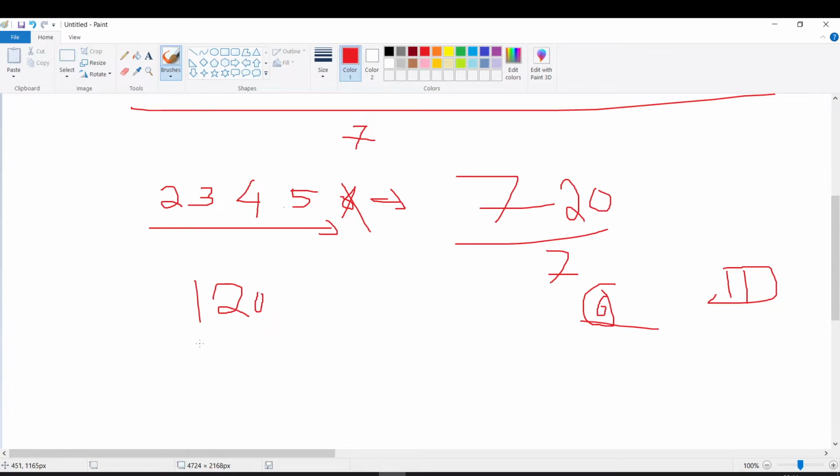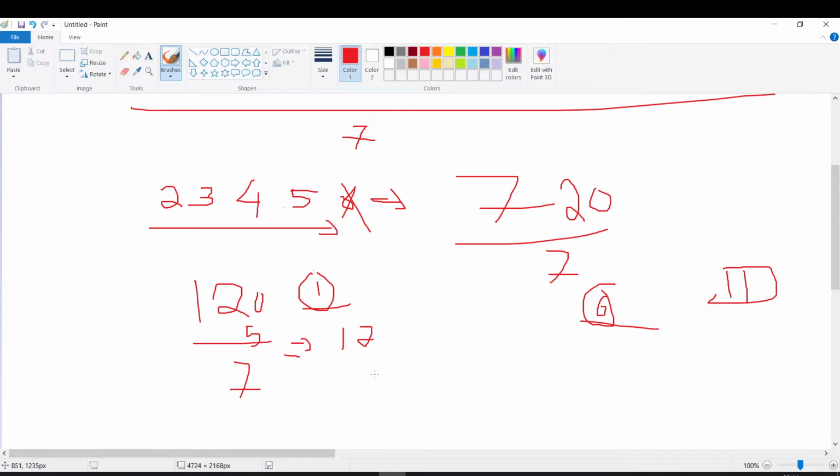So dividing it by 7, we'll be getting 17 times, and the remainder is 1. So we're getting a remainder of 1 if we take all these numbers and eliminate the 6. Just by eliminating it, we are getting a modulo value of 1.